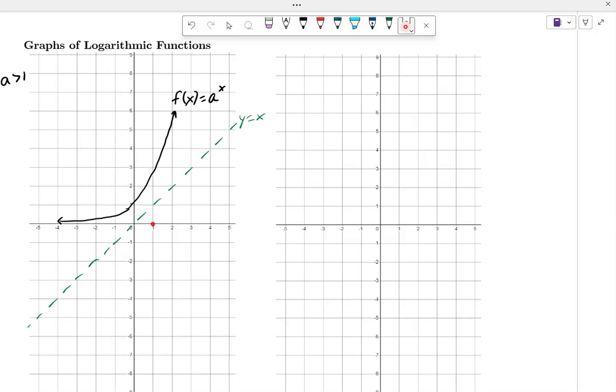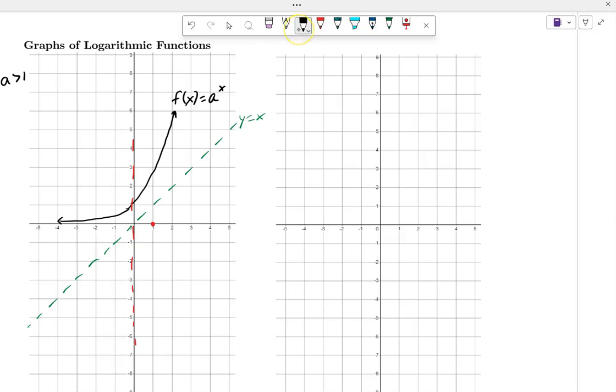So instead of the equation y equals 0 for an asymptote, if we flip-flop x's and y's, what do we get? X equals 0. What kind of a line is that? A vertical line. Good. So for your log function, you're going to have a vertical asymptote. Okay? The horizontal asymptote changes to a vertical one.